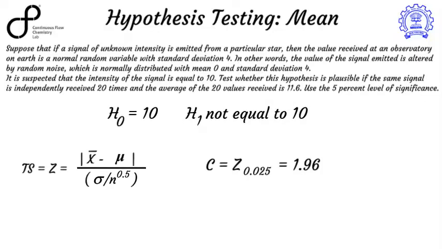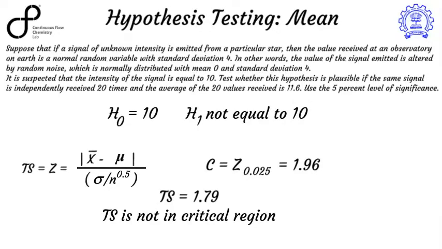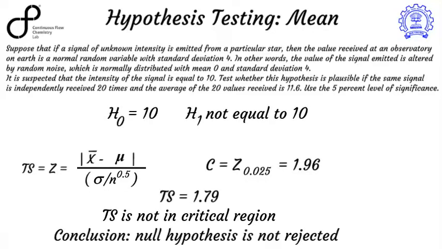Therefore, if our test statistic is above this value, we reject null hypothesis. We can calculate the test statistic, and it comes out to be 1.79. The test statistic is not in the critical region, therefore, we cannot reject the null hypothesis. Therefore, the conclusion is to accept the null hypothesis that the signal intensity is 10 at 5% significance level.